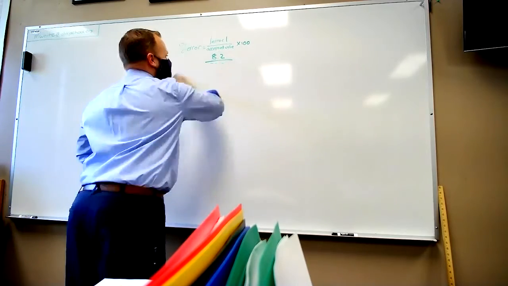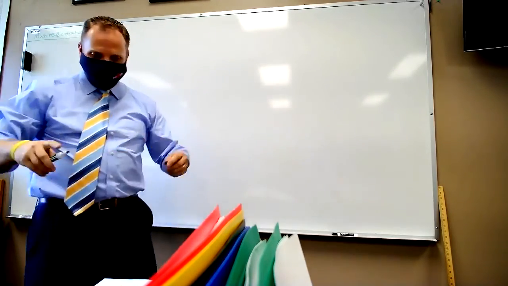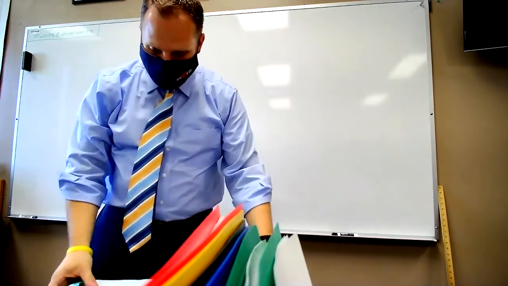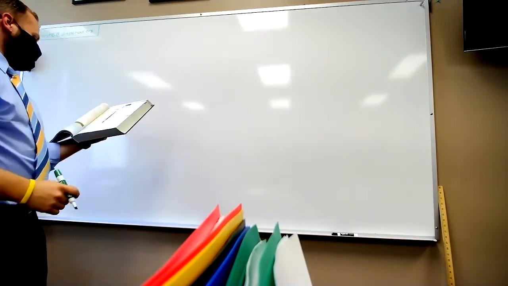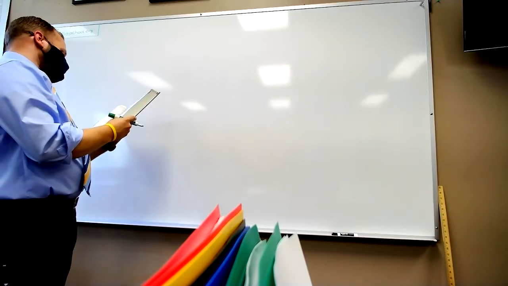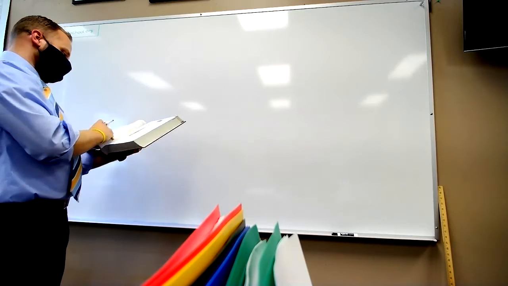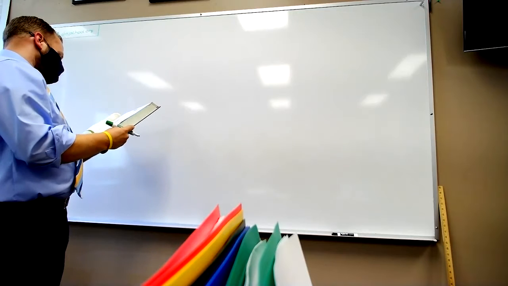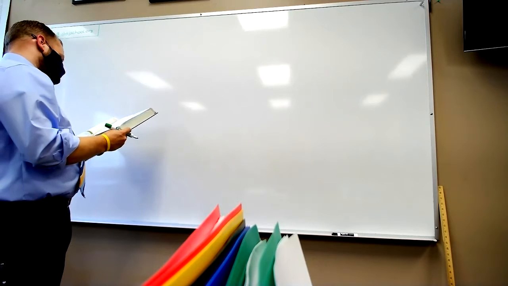So let's look at this example problem number 5. So we have student A. So using student A's density data in table 3, which is on the previous page, calculate the percent error in each trial.